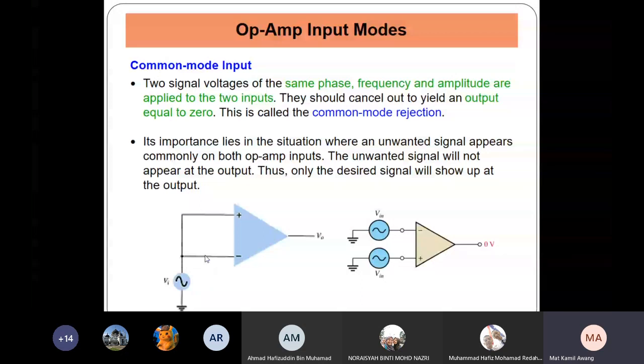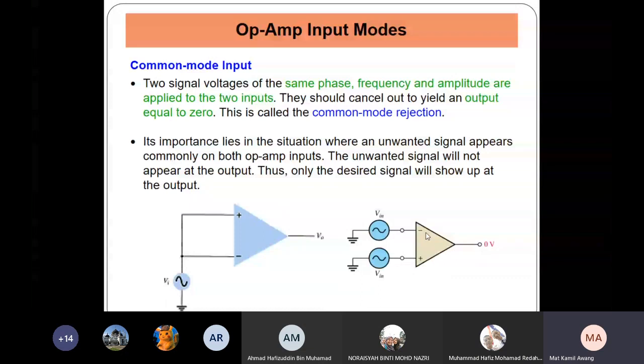Because of that noise, the voltage differential between these two terminals will not be 0. If your amplifier has very good common mode rejection, this unwanted signal will be eliminated from the output.